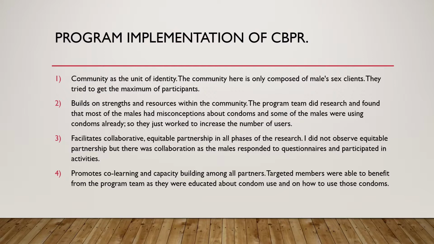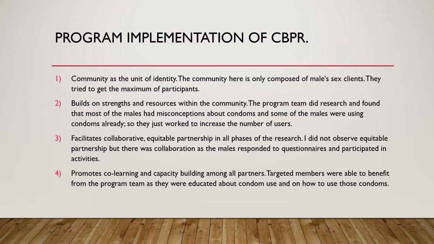The second principle is building on strengths and resources within the community. The program team did some research and found that most of the males had a lot of misconceptions about condoms, and some of the males were already using condoms. And so they just worked on increasing the number of condom users for that particular community.